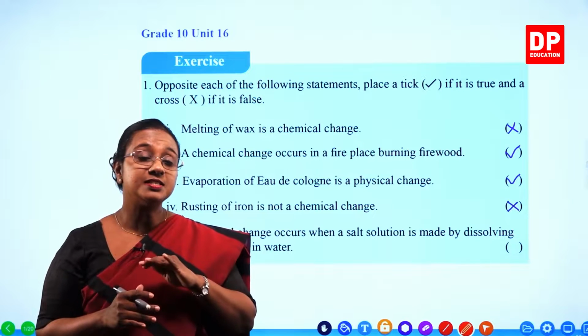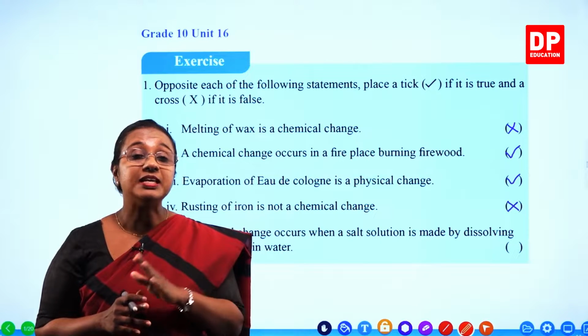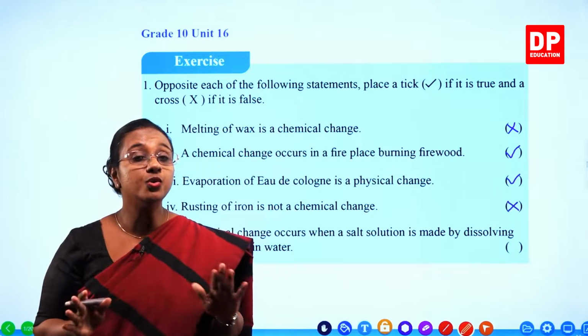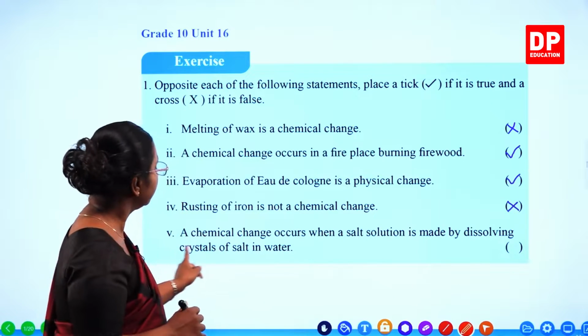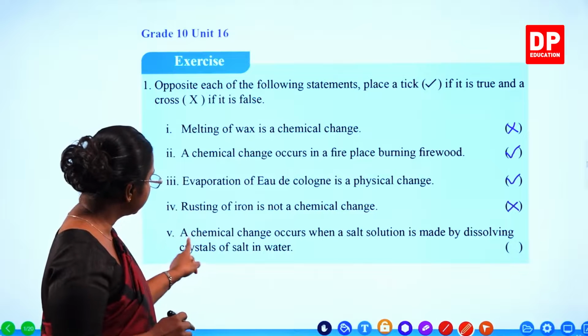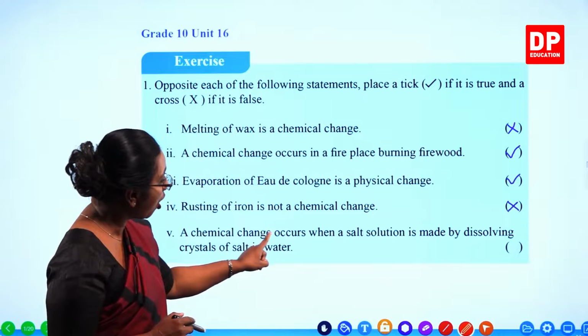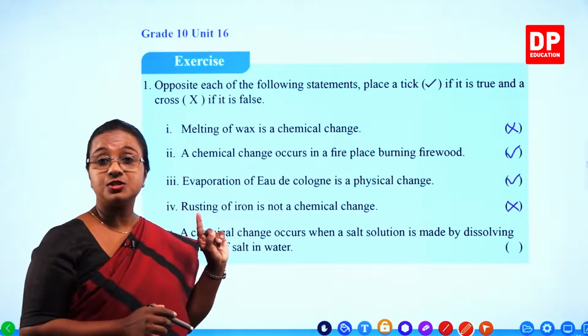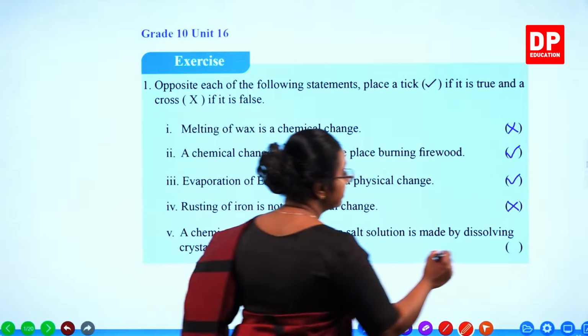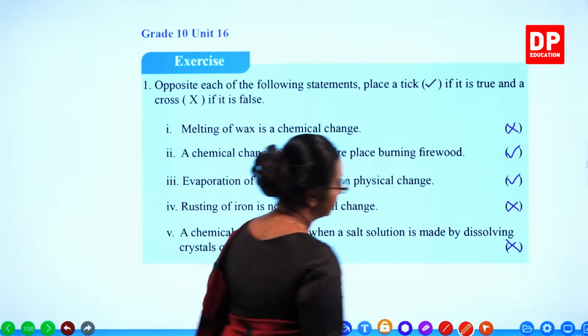So there we are just dissolving it. We are making a mixture only. There is no chemical reaction taking place. So that is not a chemical change. So this statement, a chemical change occurs when a salt solution is made by dissolving crystals of salt in water. It is not true or it is false.